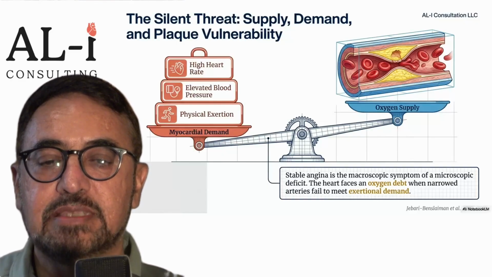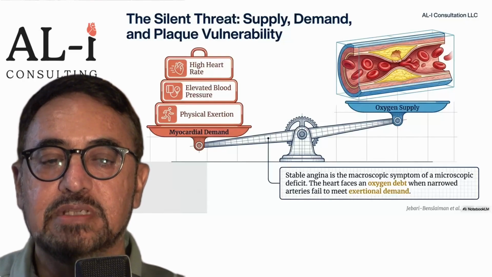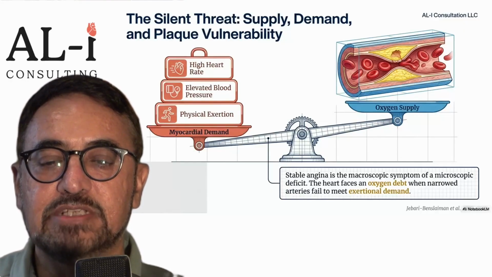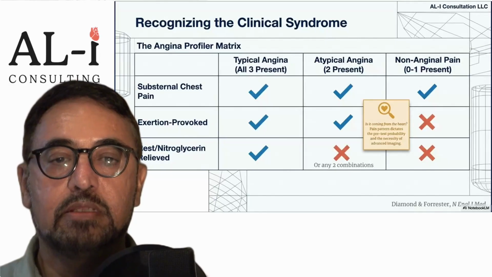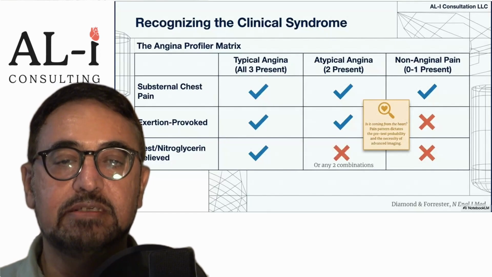Before choosing therapy, we need to understand who is low risk, who is high risk, and who may benefit from more aggressive intervention. The first step is recognizing the syndrome. In the classic patient with chronic coronary disease, the symptom pattern is stable angina.